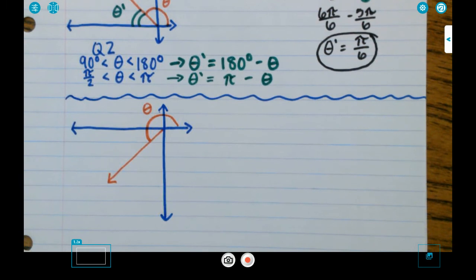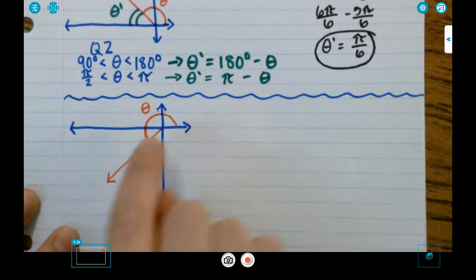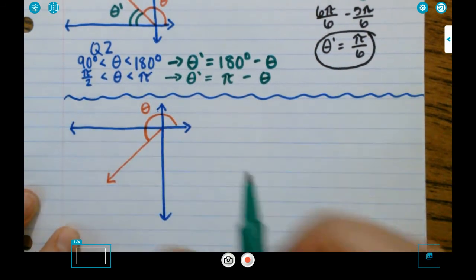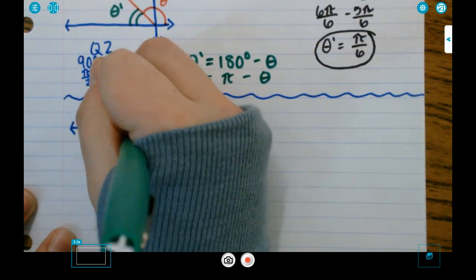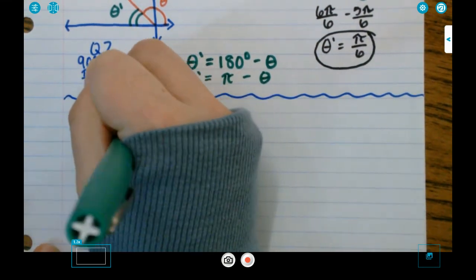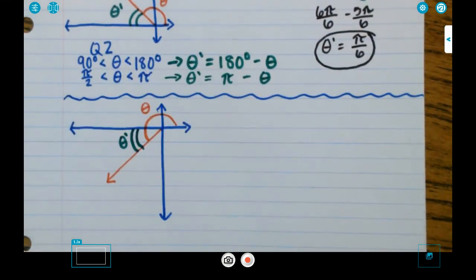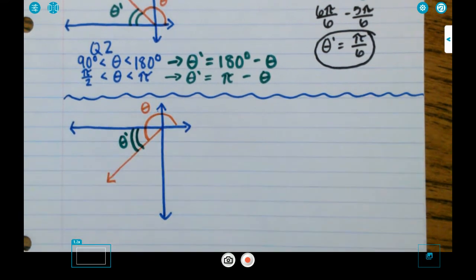We are going to be finding our reference angle. Your reference angle is always the angle formed by the terminal side and the x-axis. This time, that means our reference angle is going to be this guy here. So that's going to be our theta prime, from the angle back to the x-axis.